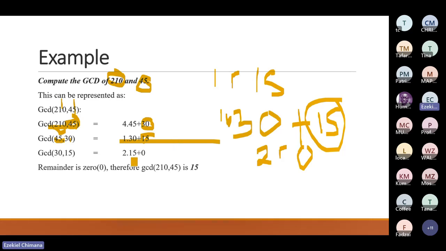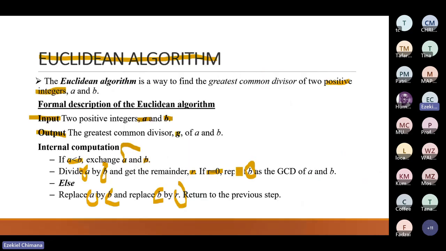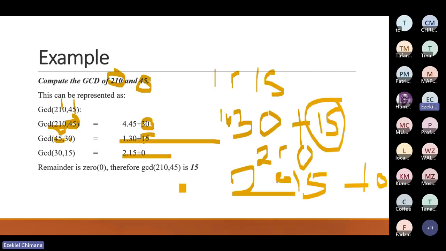So here you can write this as 2 times 15 plus remainder 0. Whenever you get your remainder as 0, you have to report B as the greatest common divisor of A and B. Our remainder is now 0, and our B is 15.